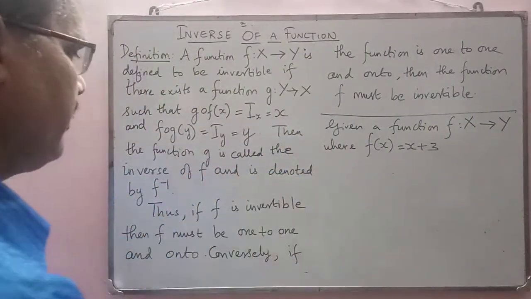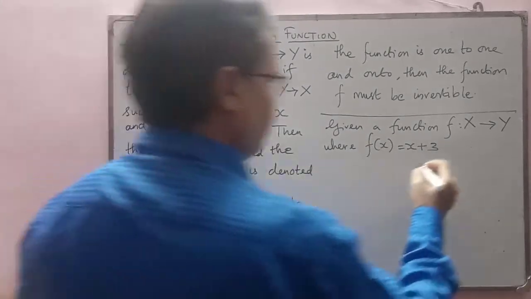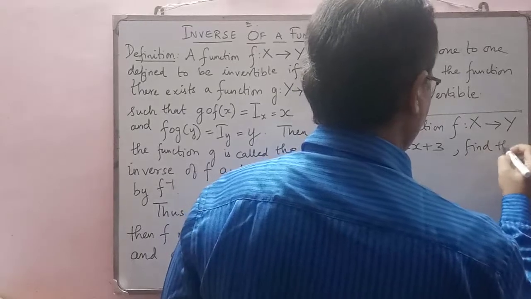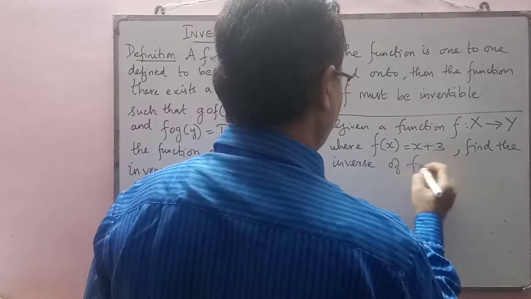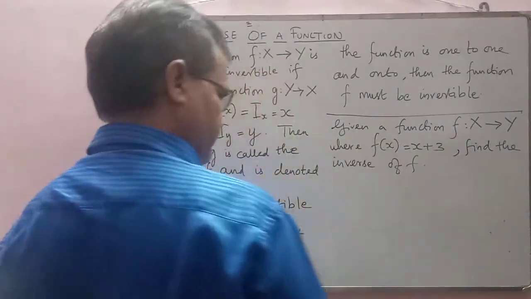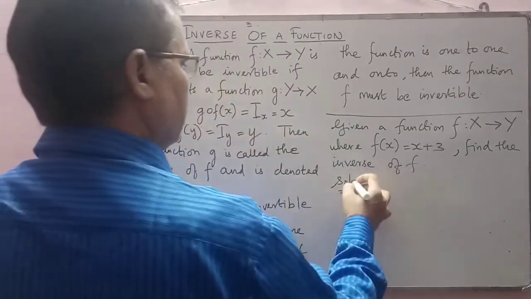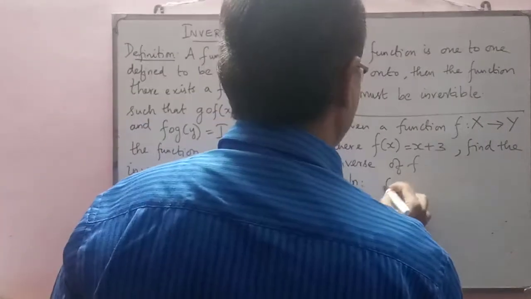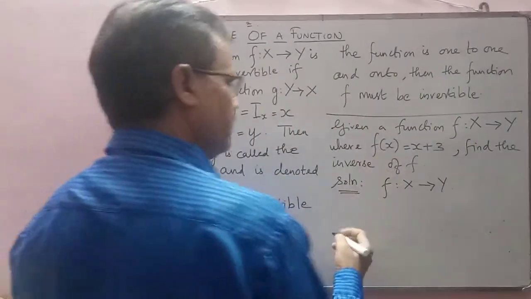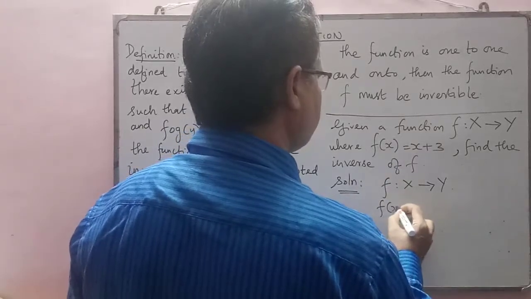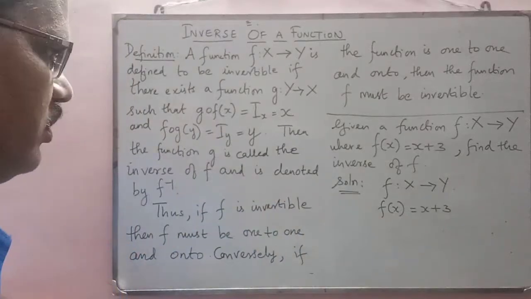I am defining a function f of x equals x plus 3, where f is a function from X to Y. Find the inverse of f or f inverse. We'll solve this question. The first method I'm going to do. So f is defined from X to Y. Then you are given with f of x equals x plus 3. Okay, children.